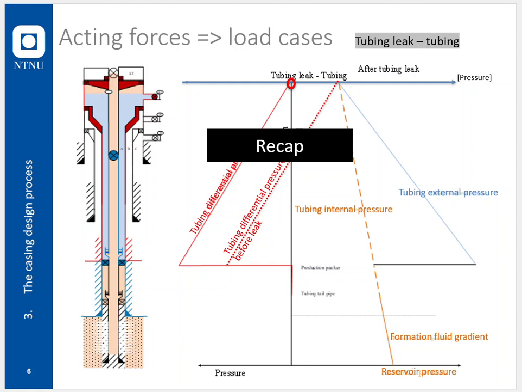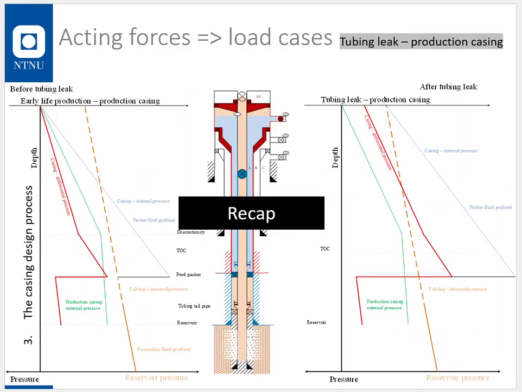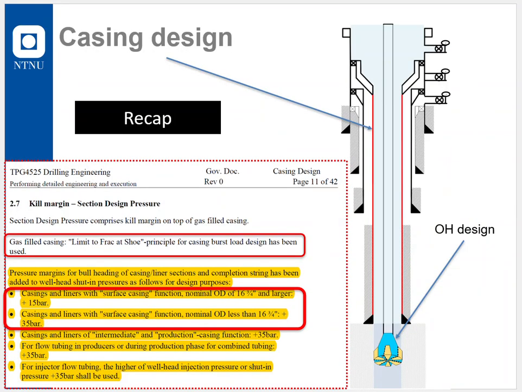We went into detail in one of the cases that are typically determining the specifics of what I just said, which yield and wall thickness you need in order to have a life cycle design, and that's the tubing leak. And for the tubing leak, we also have specifics for the production casing as discussed last lecture.